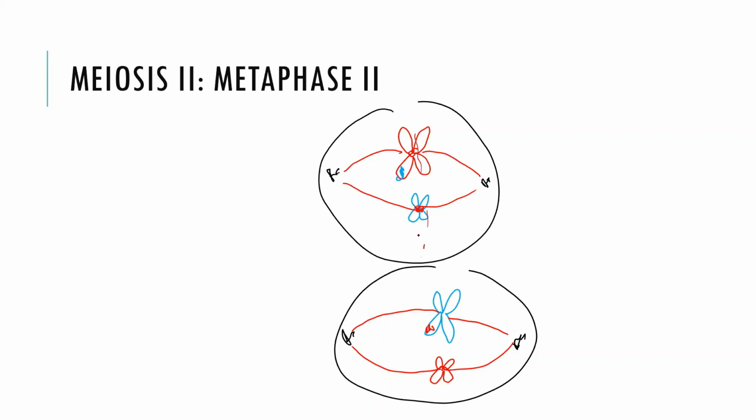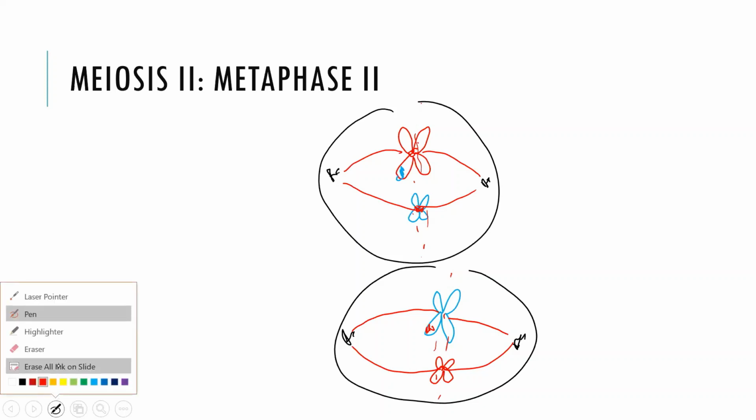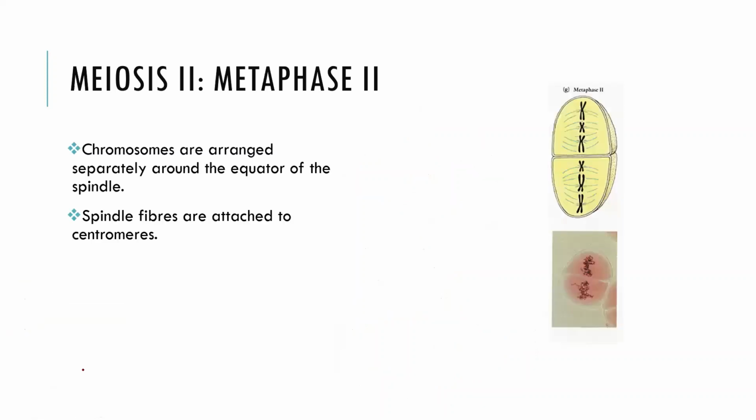The chromosomes are arranged individually at the equator of the cell. So you can see the chromosomes arranged individually and the spindle fibers attached.